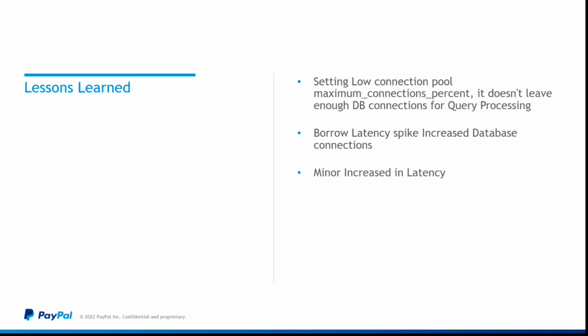One other thing to keep in mind is that whenever you run into a borrow latency spike, proxy will do the right thing and consider that we don't have enough database connections available for a client to use, so it will open more database connections so that any new request coming in will have a free database connection available.